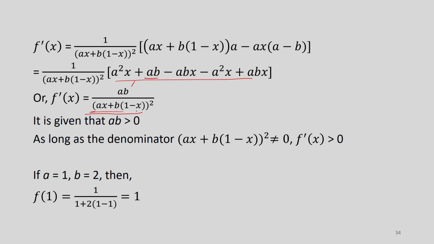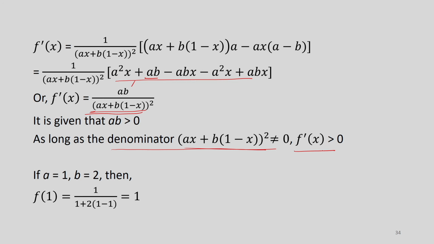The denominator is positive always, as long as it is not 0, so that the derivative can be defined. So as long as a x plus b multiplied by 1 minus x is not 0, the first derivative f prime x is positive.